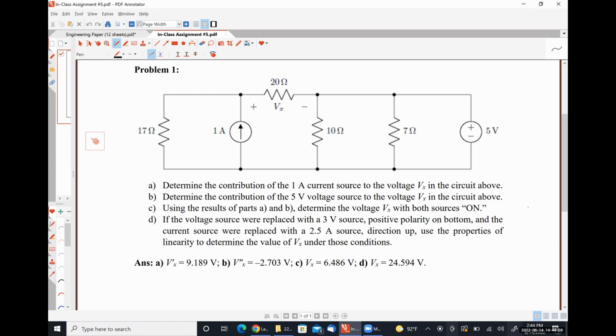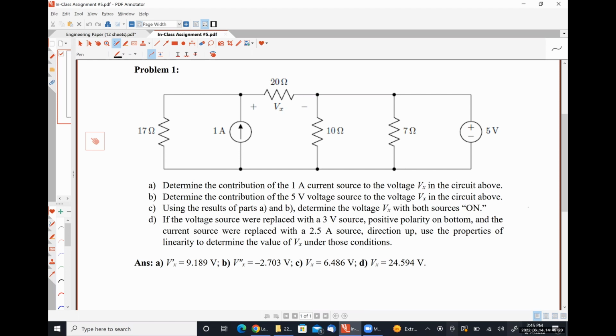Actually, positive polarity on bottom means we're scaling the voltage source by a factor of negative 0.6. And then it follows, the current source were replaced with a 2.5 amp source direction up. That means we're scaling the current source by a factor of 2.5. Use the properties of linearity to determine the value of Vx under these conditions.